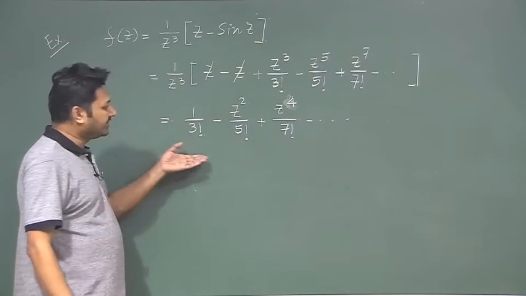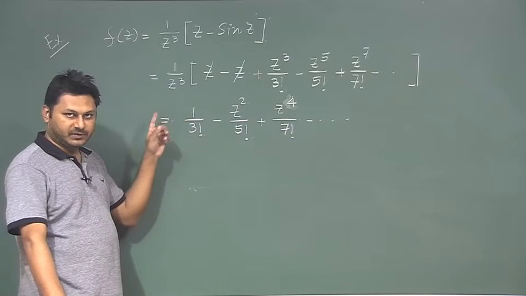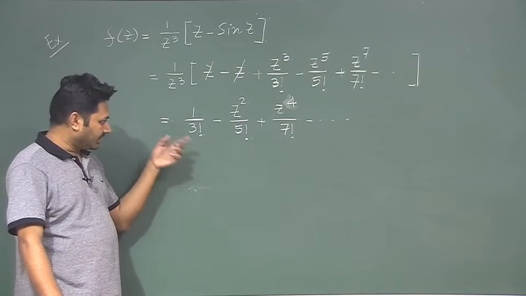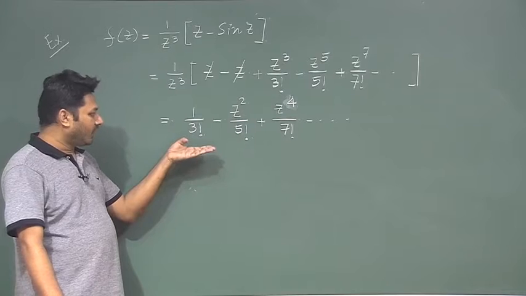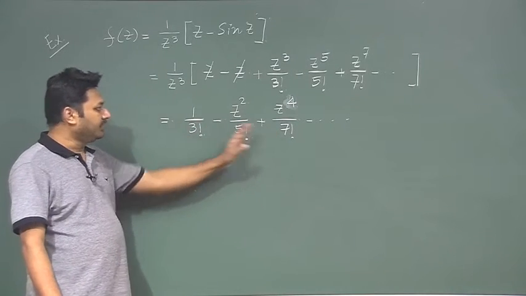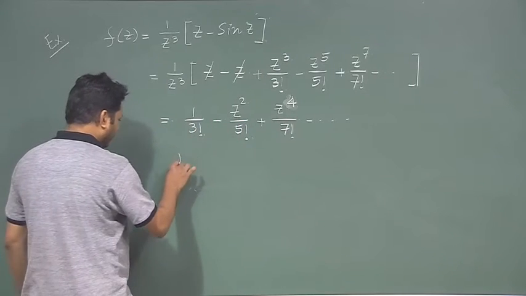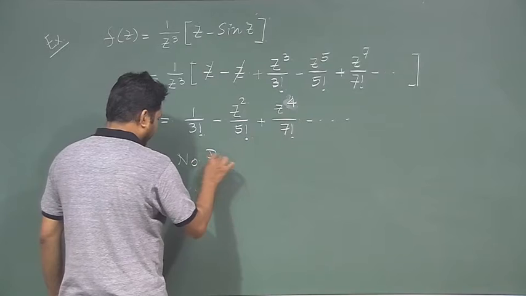So we have one series again; this is not the same series that we had in the previous example. This is another series where we have a few terms, but again there is no principal part.